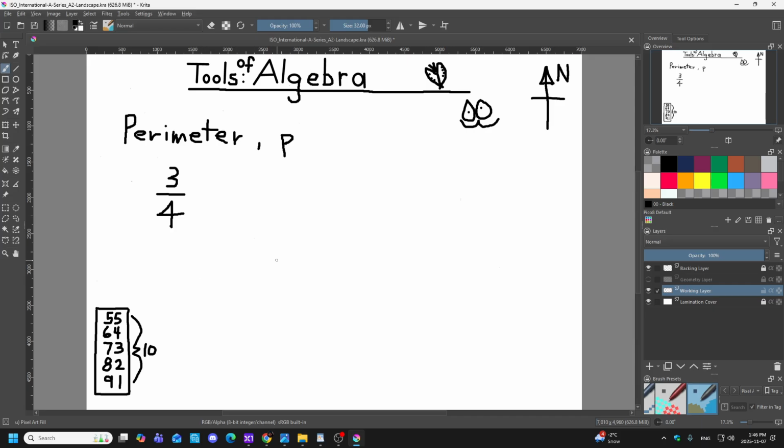Therefore, we can just straight multiply the letter P to it.